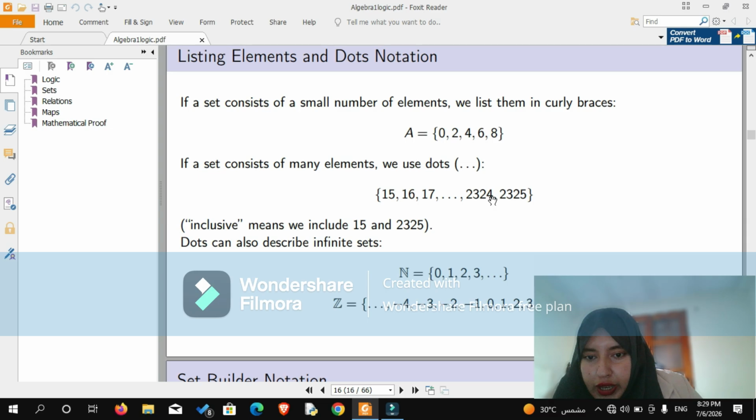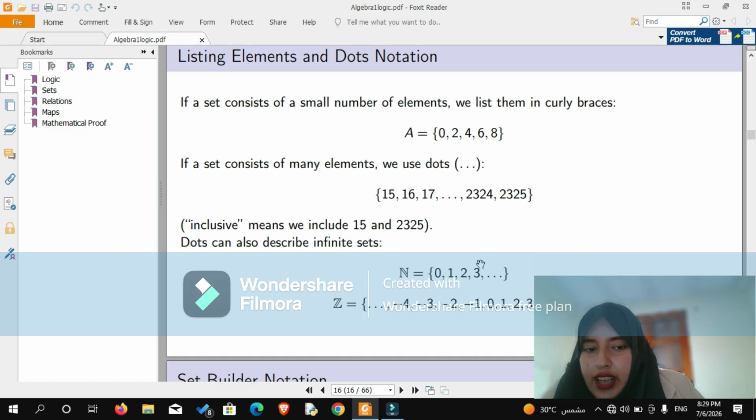For dots between numbers, we define the first elements, we see the pattern, then we put dots and list the last two elements, and therefore we have a finite set.